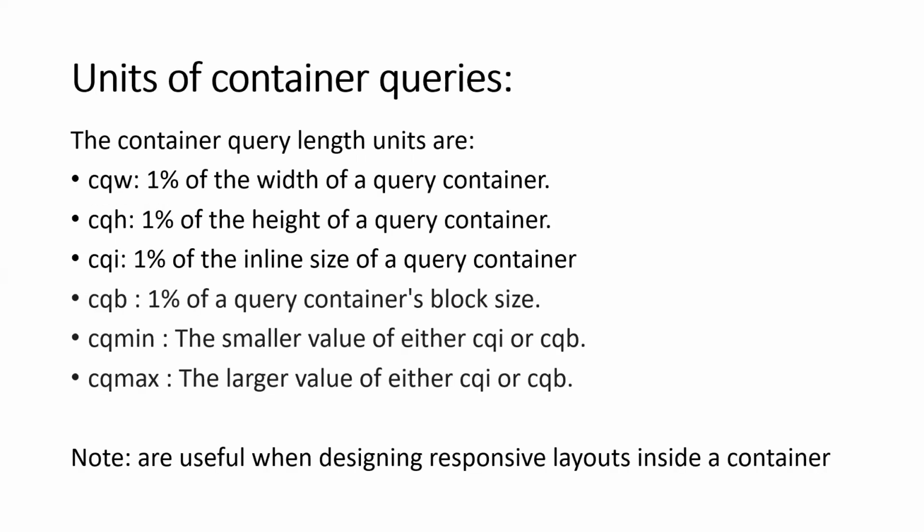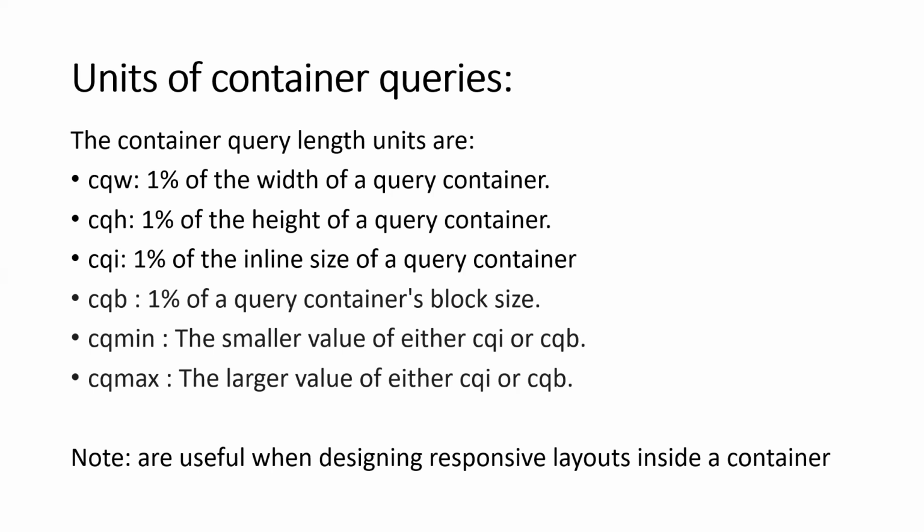Units of container queries. The container query length units are: cqw, which is 1% of the width of the query container. Then we have cqh, which is 1% of the height of the query container. Then we have cqi, which is 1% of the inline size of the query container. We have cqb, which is 1% of the query container's block size.